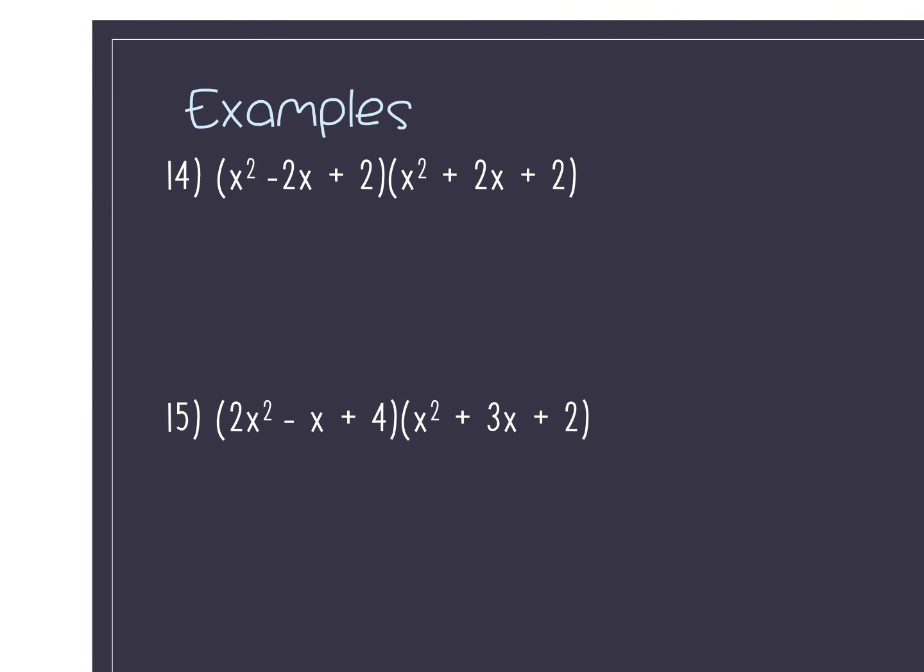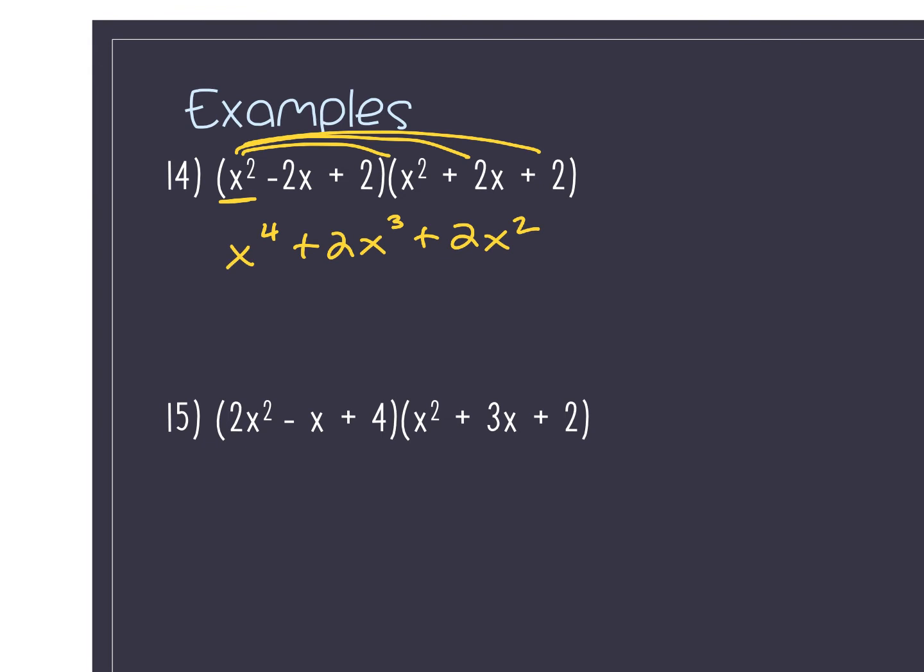So for example, when I do the first one, I'm going to be distributing x squared to each one of the 3 terms in the polynomial. That's the trinomial that's next to it. So x squared times x squared is x to the 4th. X squared times the 2x, 2x to the 3rd. X squared times the positive 2, 2x squared.